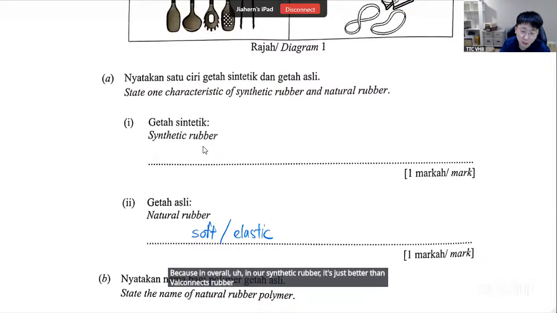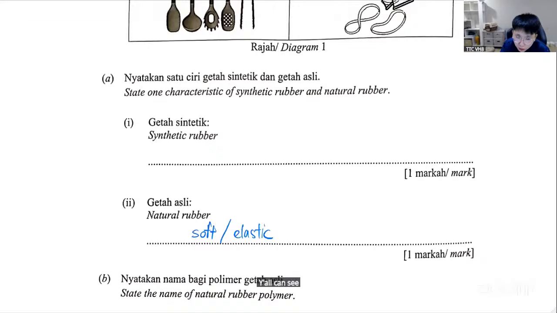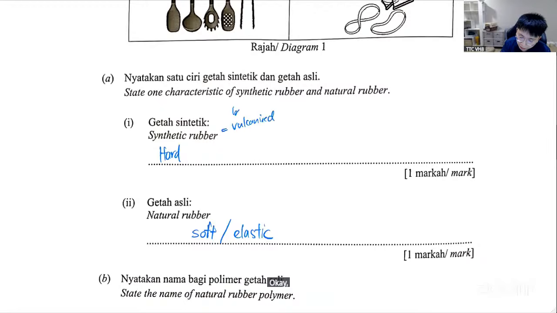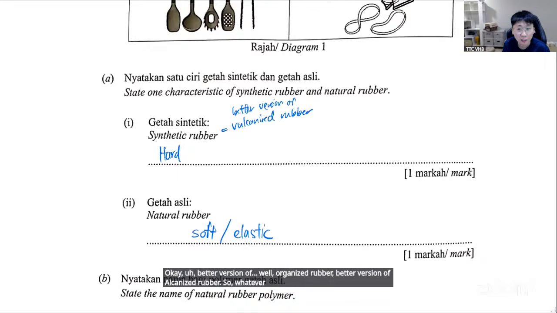So you can say high resistant to heat, hard, and so on. It is a better version of vulcanized rubber.